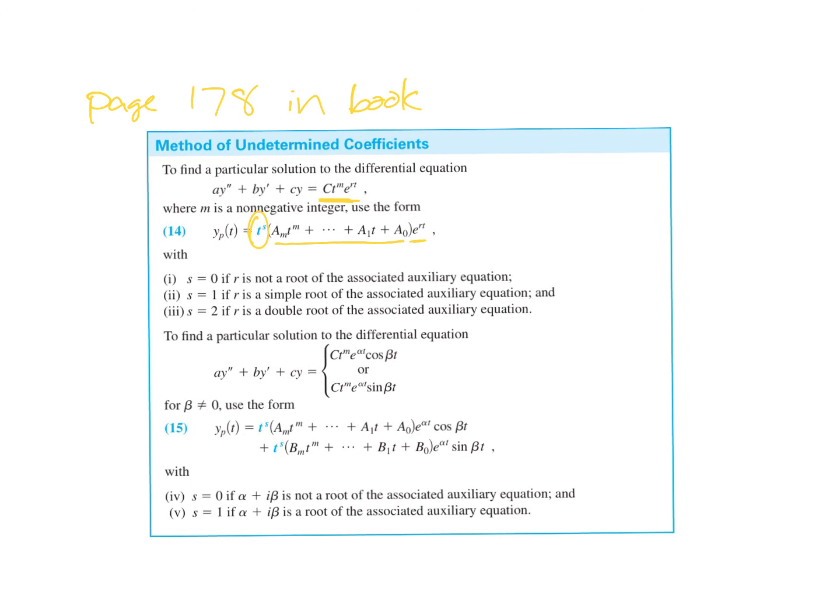It's either going to be t to the 0, which is just 1, so you don't have to add anything, if r is not a root of the auxiliary equation. Another way to say that is, i.e., if e to the rt is not a solution to the homogeneous equation.